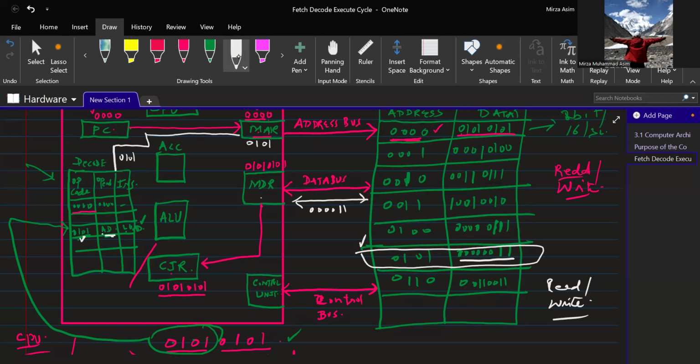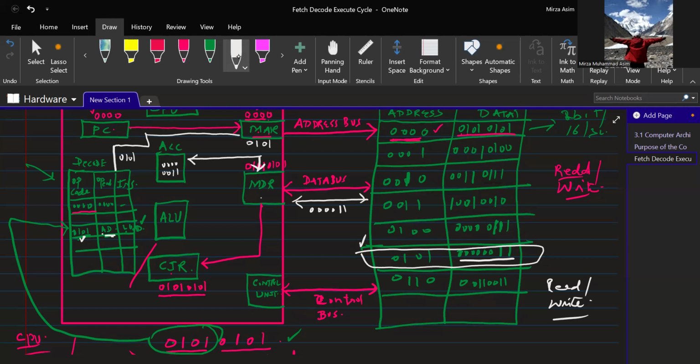Then from MDR to accumulator, right? Now the data is placed over here, that is 00000011. So here the fetch, decode, execute cycle ends.